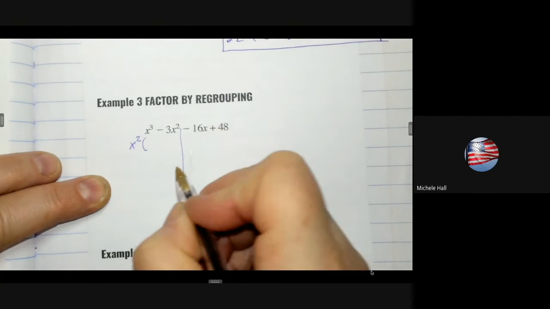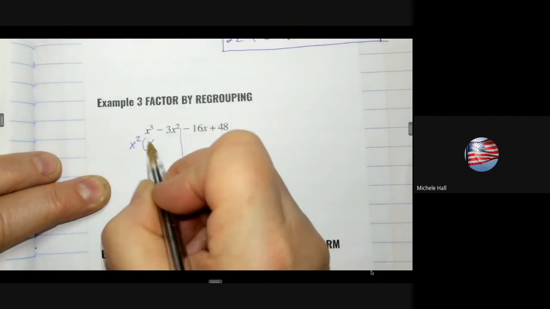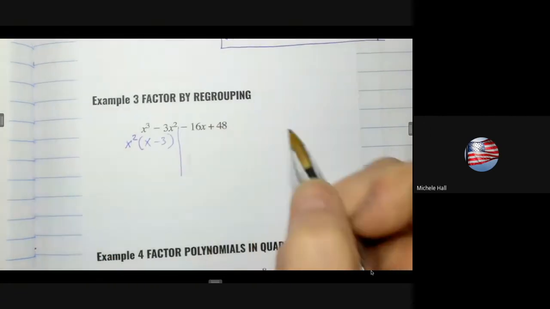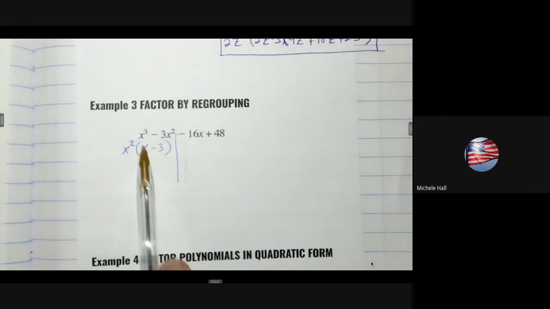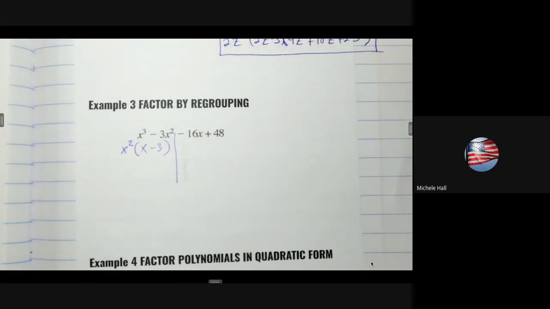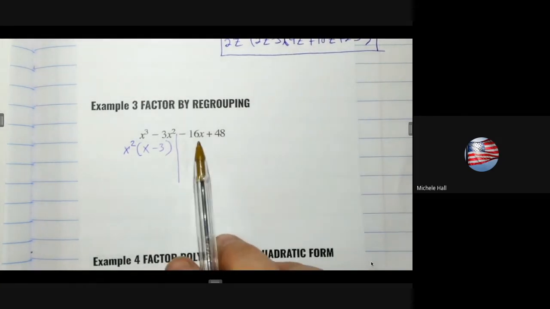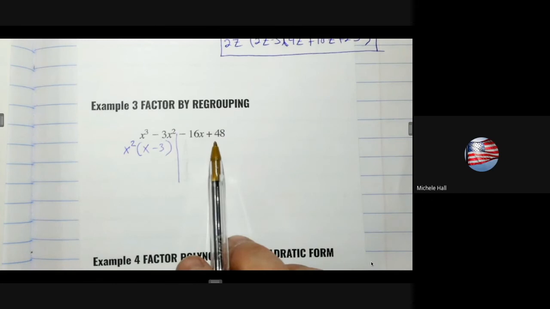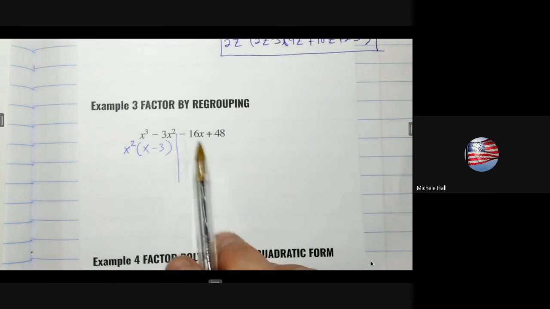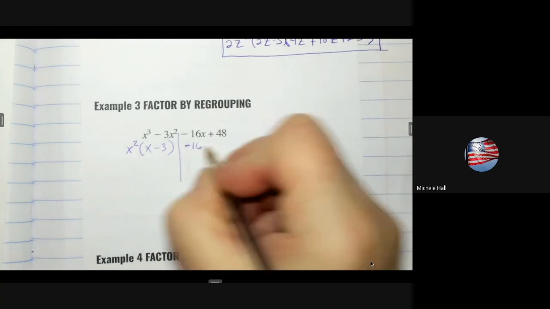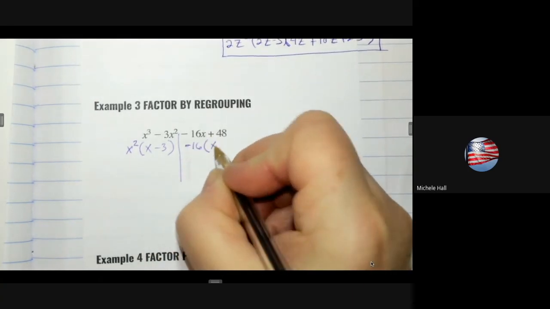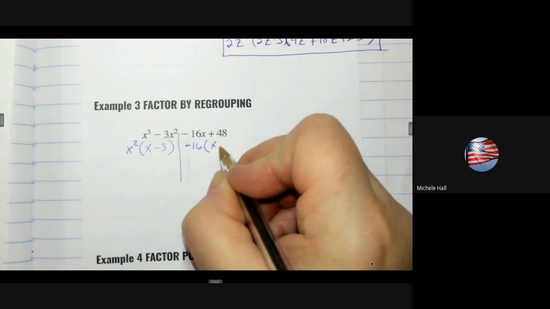So I'm going to factor that out. That leaves x minus 3. Now, if this technique is going to work, I'm going to need to see another x minus 3 on the right-hand side. That's how you know that you can use regrouping. Looking at negative 16x and 48, I can factor out negative 16. That leaves x and then minus 3.